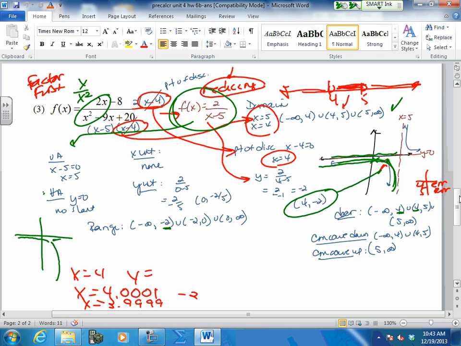Because your domain tells us, oh, you couldn't use 4, oh, you couldn't use 5. It's the range you have to be a little careful with. That one comes back to haunt us a little bit. And then concave down, you also have to take it out of your concavity as well. It's just kind of like you're just jumping over that point. Does that make sense? Yes?